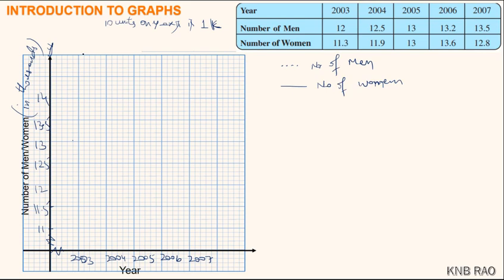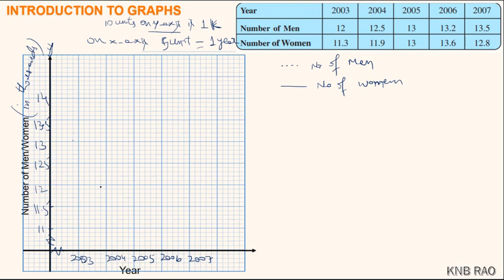So on y axis I have chosen a scale, you know that. On x axis, 5 subunits as units only. 5 units equals 1 year.